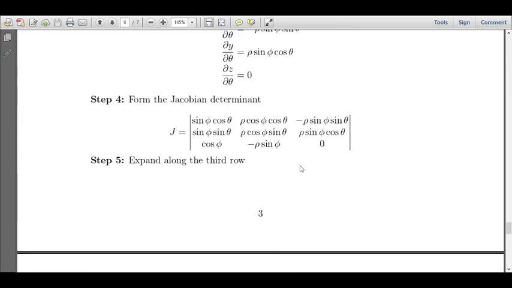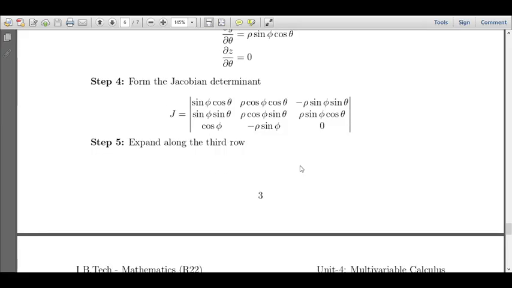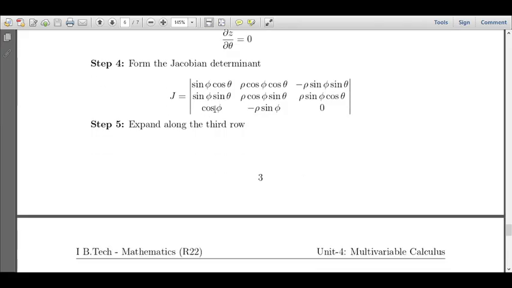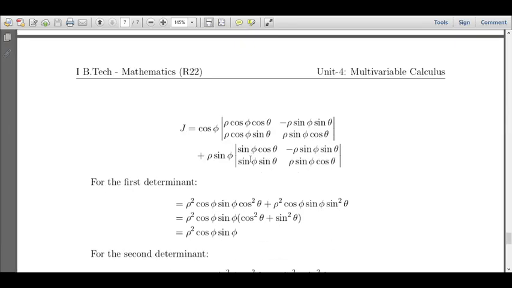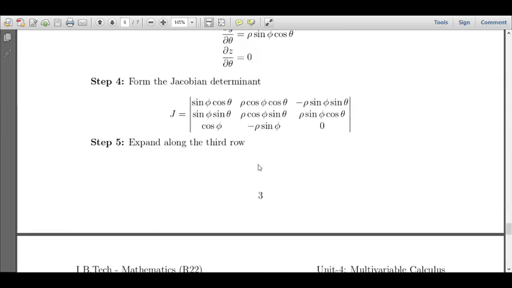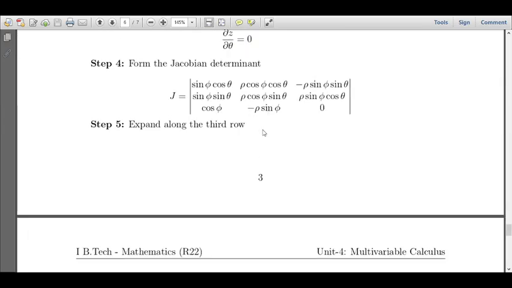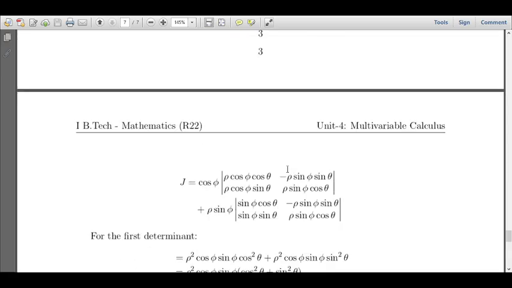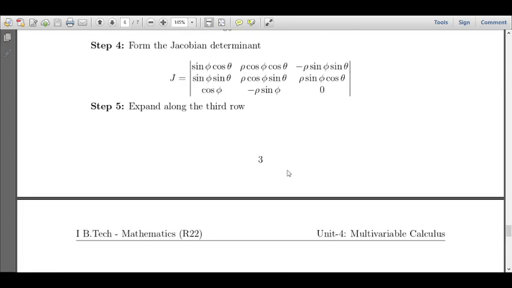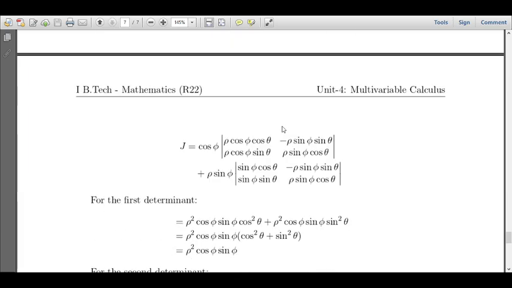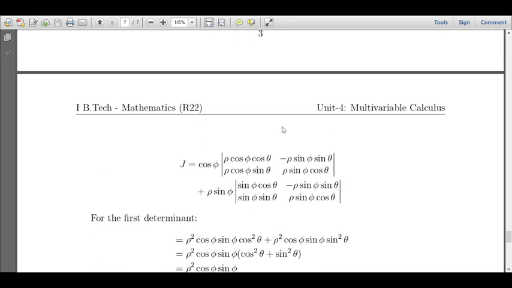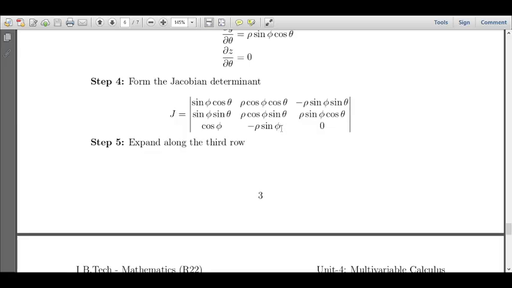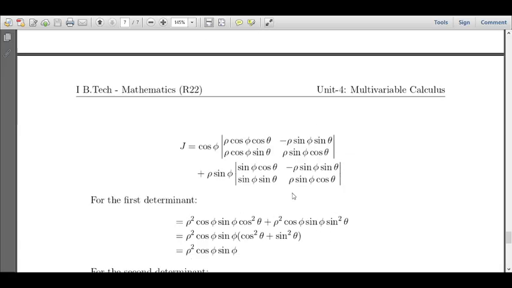So cos phi into, removing third row and first column, plus minus of minus, plus rho sin phi, removing third row and second column. So we will get this.